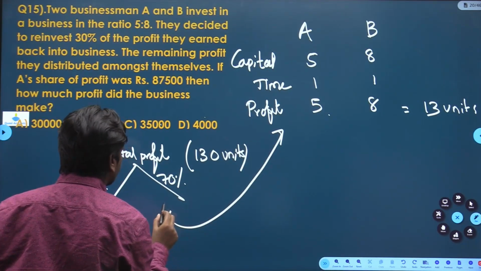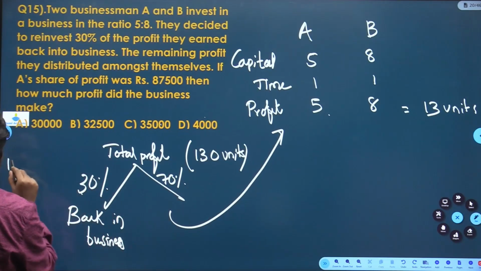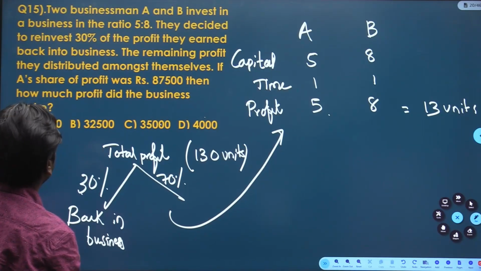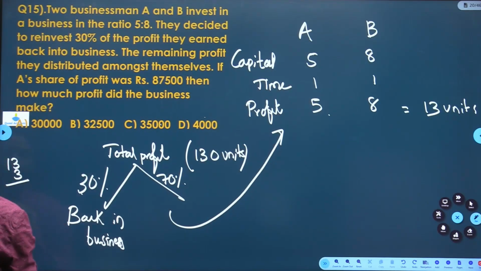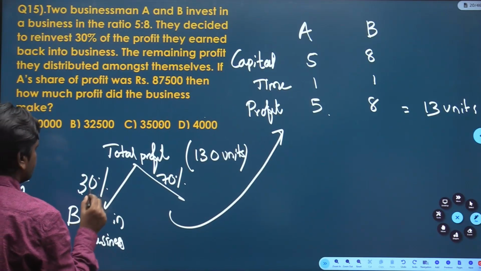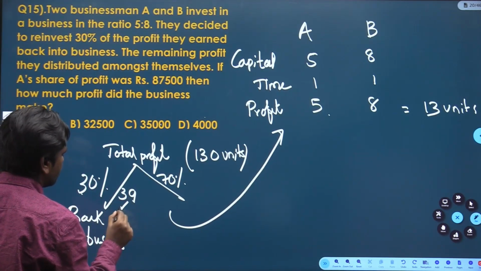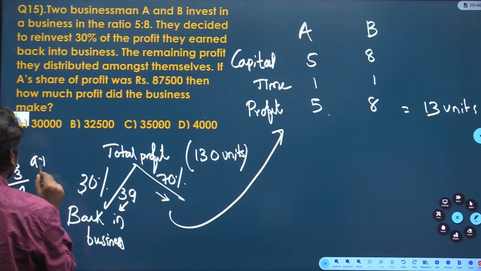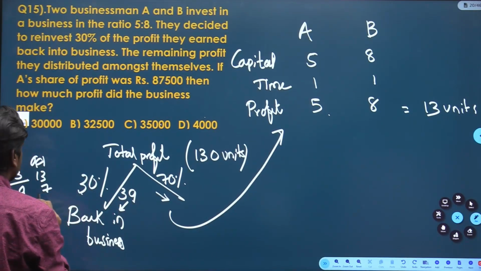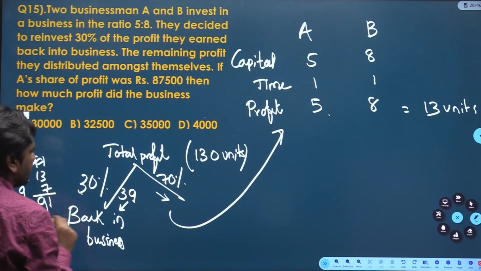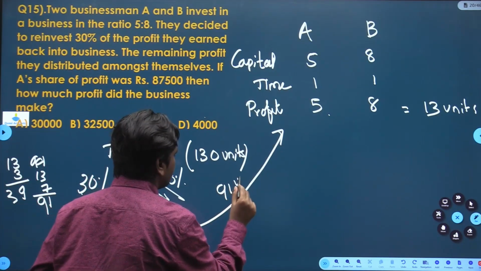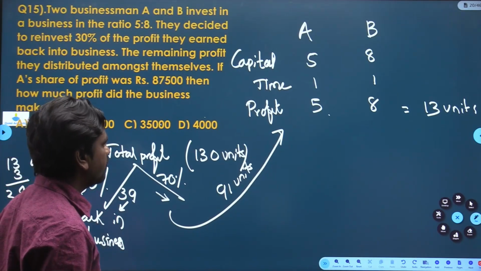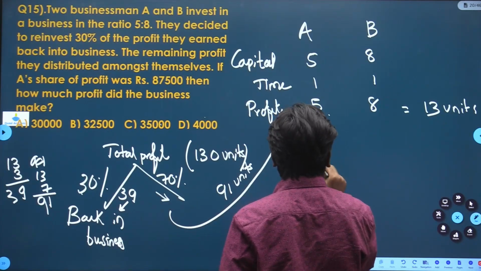So what happens here? 30% of 130, that is 39 units, will be reinvested in the business. And the remaining 13 sevens, that is 91 units, will go into the profit. Now A's profit will be how much?